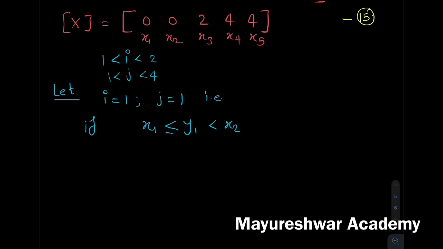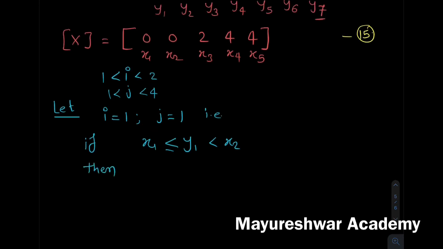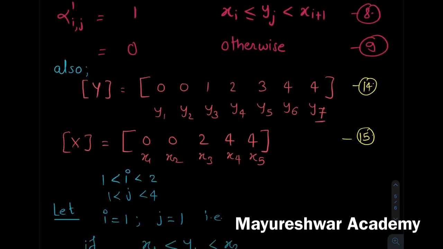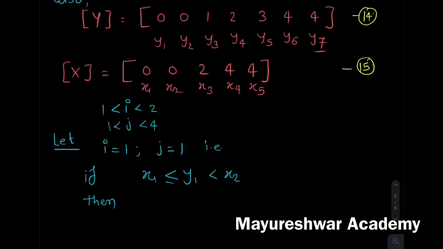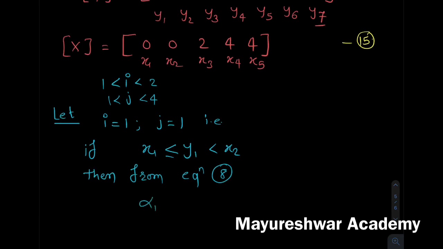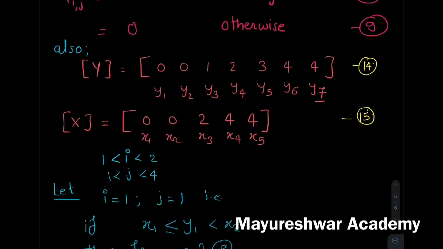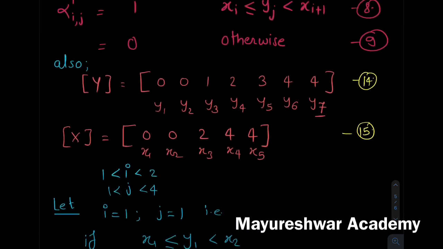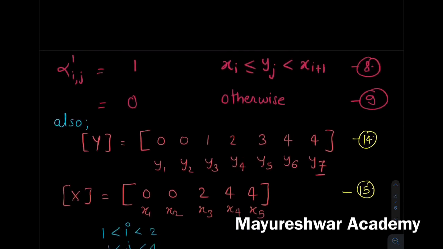If this condition is satisfied, then from equation 8 the value of alpha 1,1 will be equal to 1. Otherwise the value will be 0. So we need to check this.